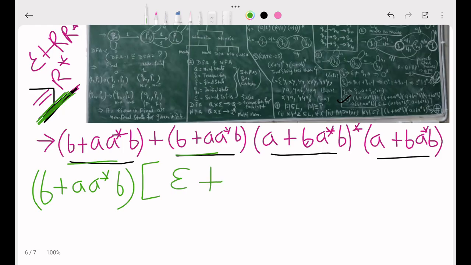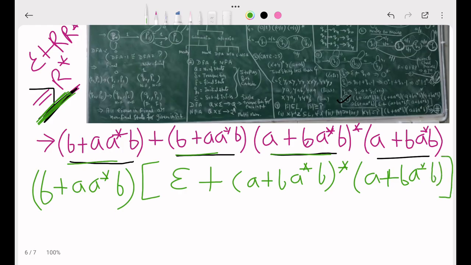Then after this, A plus B A star B star, then A plus B A star and B.